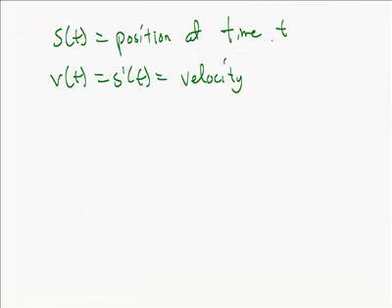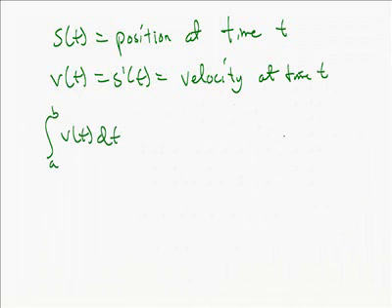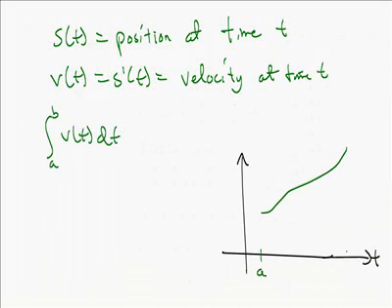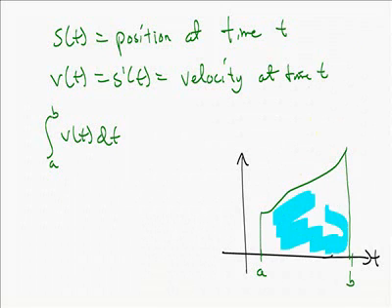And if you remember what we did back in 5.1, velocity at time t, we said that if we find the area under the curve from a to b of the velocity function v of t dt, in other words, we had some velocity function, so here's t, and our velocity function looked like this, t equals a to t equals b, then this area here that we get under the curve between t equals a and t equals b was exactly equal to the distance traveled.